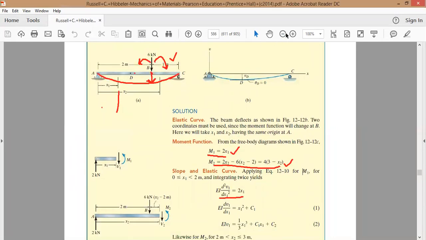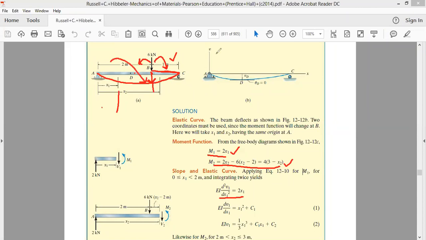At point B, the value of the deflection given by the equation applicable on the left hand side should be equal to the deflection given by the equation applicable on the right hand side. Both the equations should give the same value of the deflection.